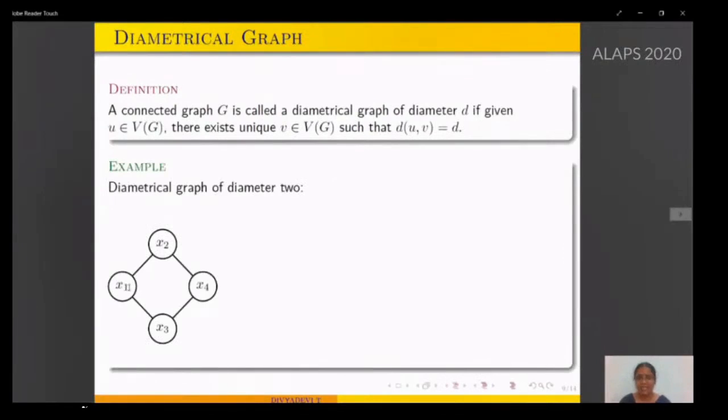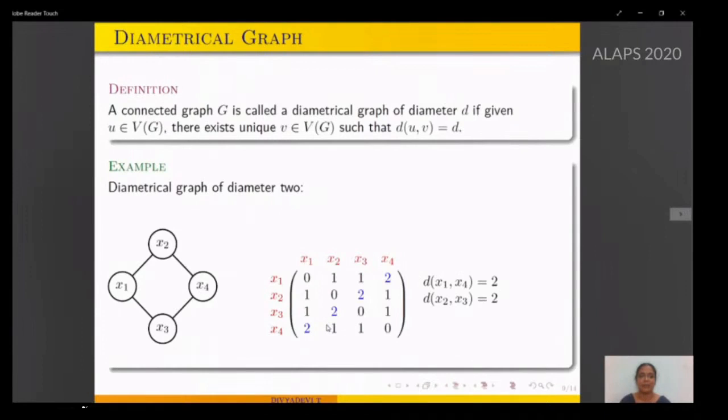Here, the maximum distance is 2, which for x1 is attained at x4, and for x2 at x3. The corresponding distance matrix is given here. In each row and each column, 2 occurs exactly once, which gives existence and uniqueness. So this is an example of a diametrical graph of diameter 2.